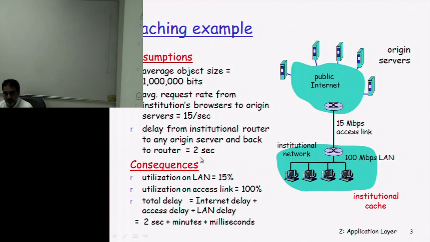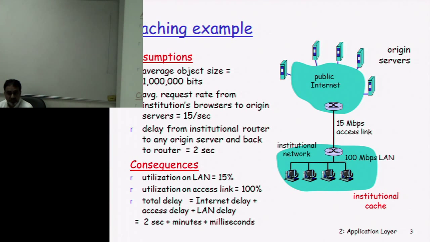Now the total delay, if we calculate it, will be the sum of the internet delay, which in our case is 2 seconds, plus the access delay, and the access delay, you know, will be in minutes, because the whole access link capacity is fully utilized, 100% utilized, so it will be in minutes. Plus, in milliseconds, is the LAN delay, because it is only 15% utilized.